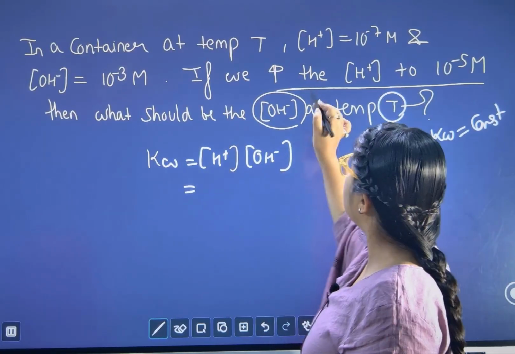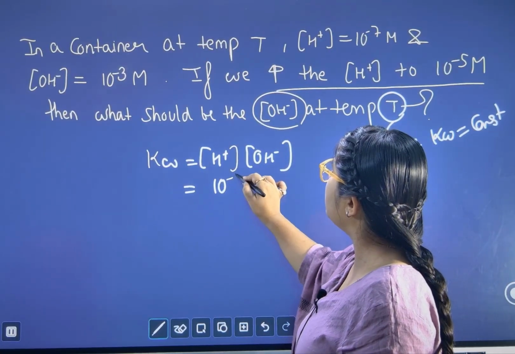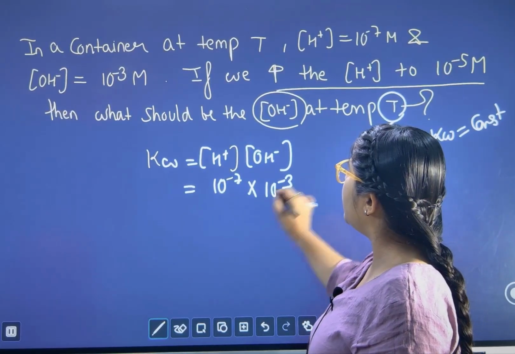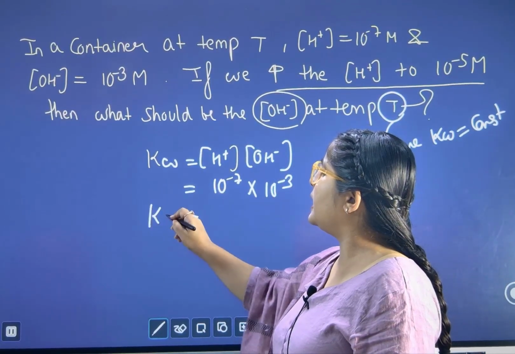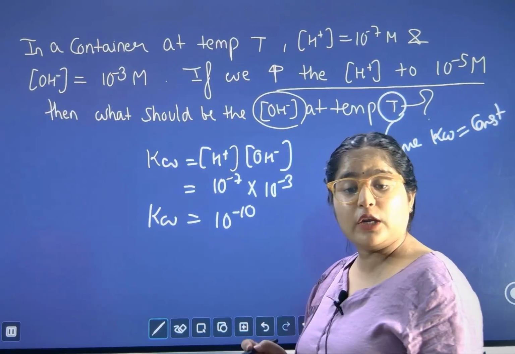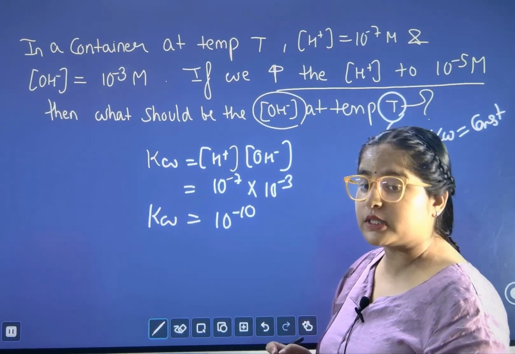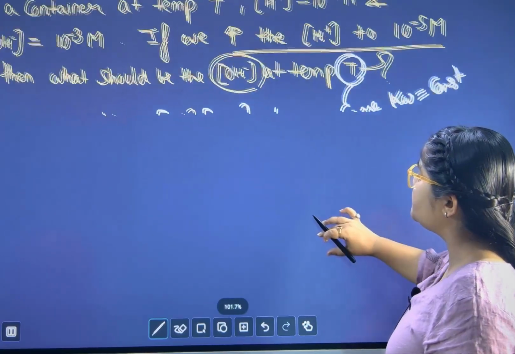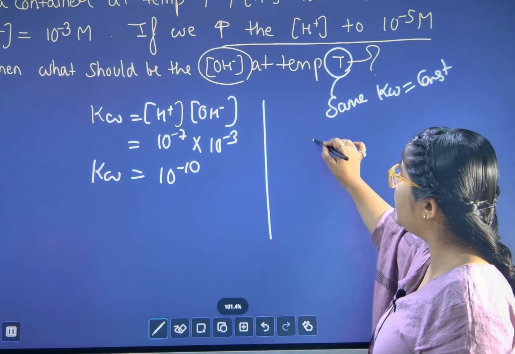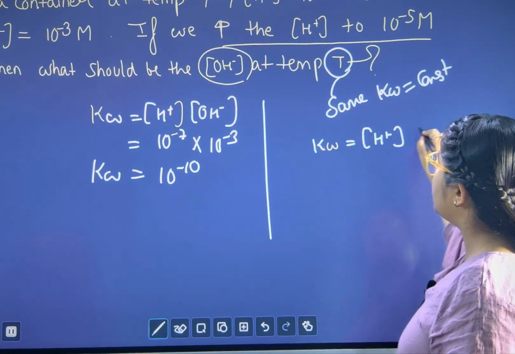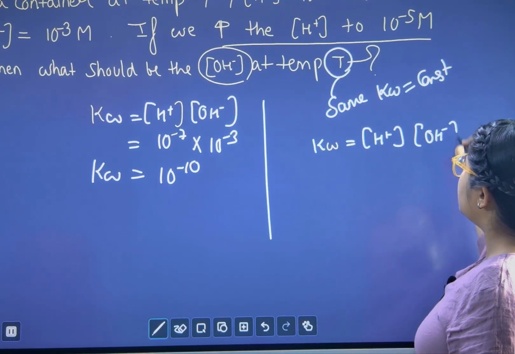How much H ion is given? H ion is given 10 to the power minus 7 into OH ion is given 10 to the power minus 3. So from here Kw I can say it is 10 to the power minus 10. So we know Kw will be constant because temperature is constant. So from here what can I say? For the second case I am using this formula now: Kw equal to H plus into OH minus.